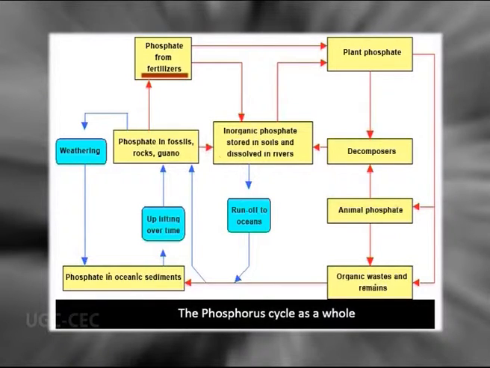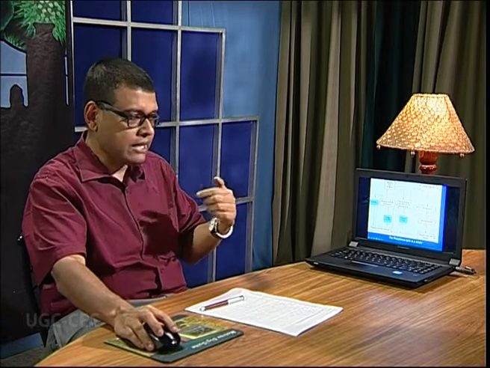Artificially, humans are taking up this particular rock phosphate and making fertilizers, and this fertilizer again may get weathered and going back to the sea. Otherwise this particular phosphate in fertilizer will get into the plant body and again the cycle will be repeated. So this is more or less the major events in a particular phosphorus cycle.